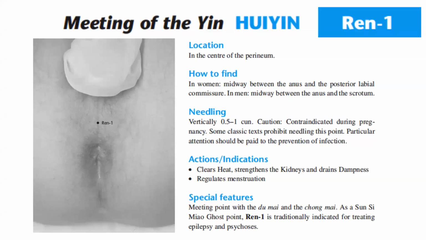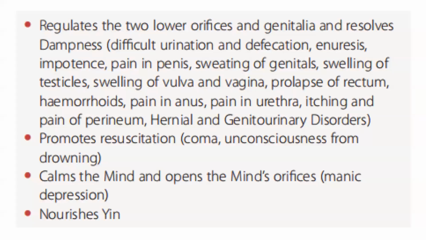Actions and indications: clears heat, strengthens the kidneys, and drains dampness. Regulates menstruation. Special features: meeting point with the Du mai and the Chong mai. As a Sun Si Miao ghost point, REN1 is traditionally indicated for treating epilepsy and psychosis.